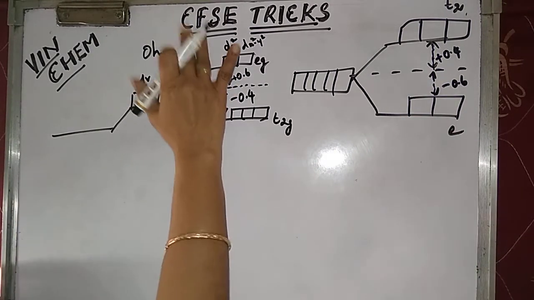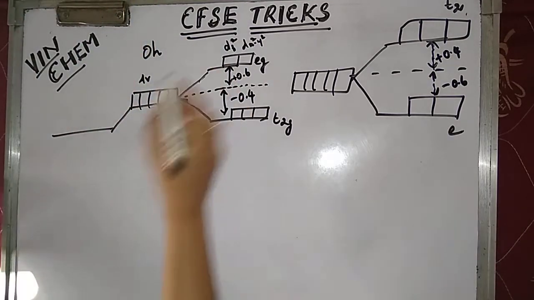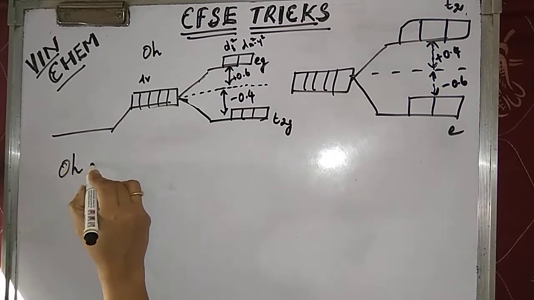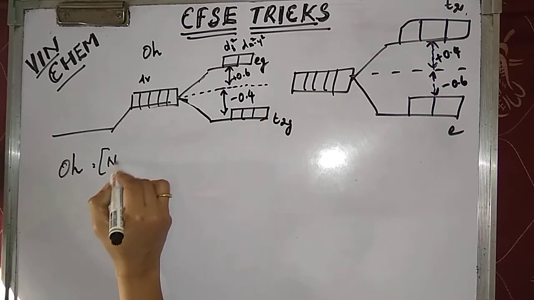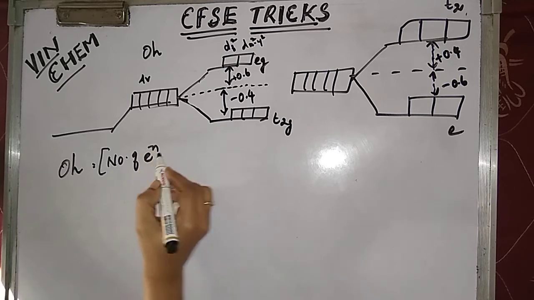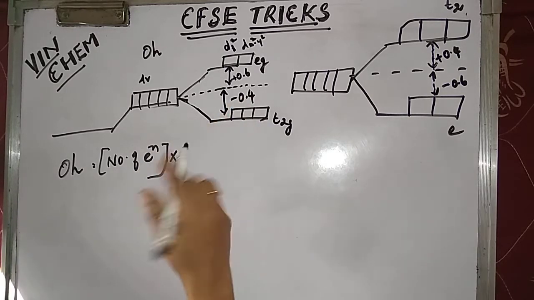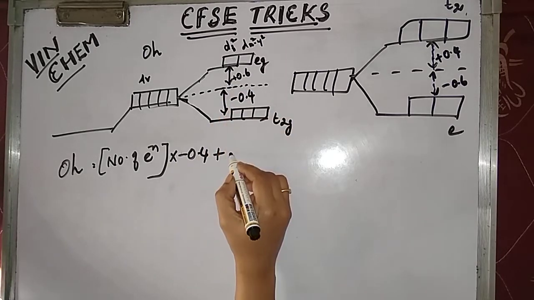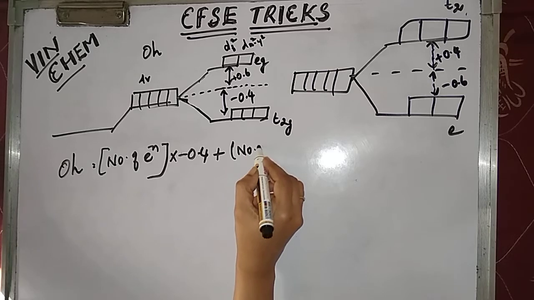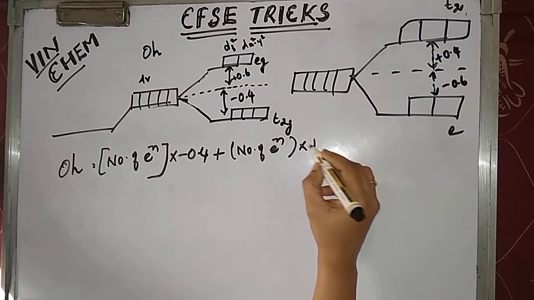What is the formula to find the CFSE? We will move to the CFSE value. How to find the CFSE value for octahedral? Number of electrons into minus 0.4, plus number of electrons into plus 0.6.